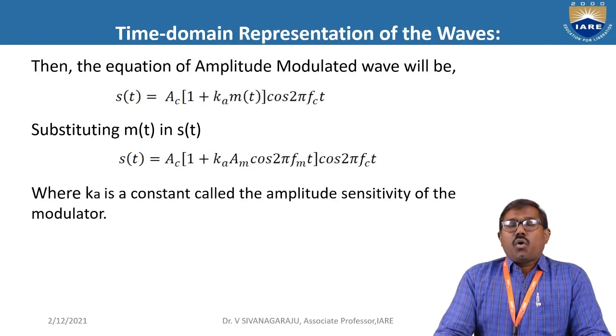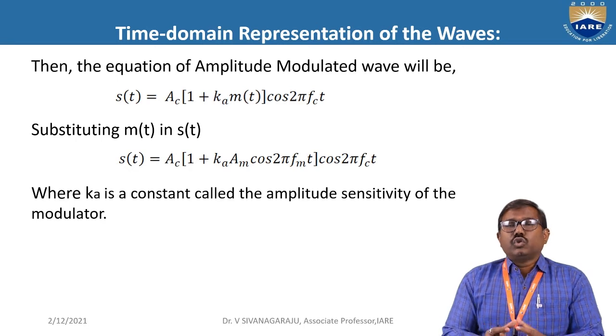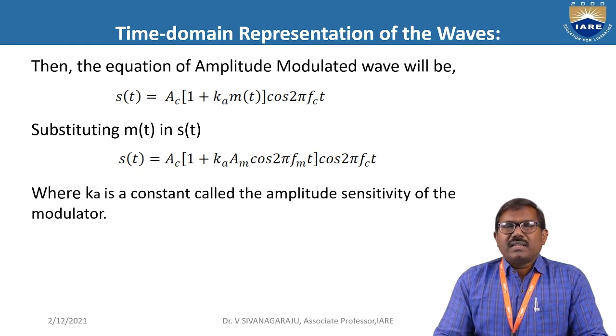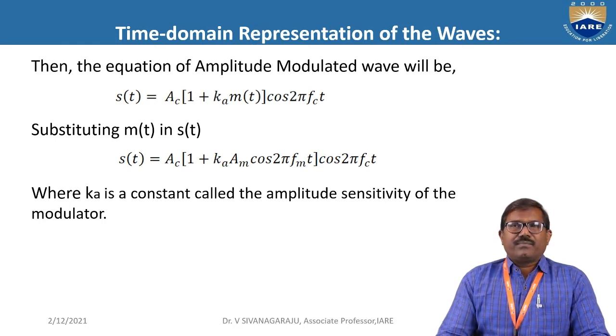So after applying these two, one a modulating signal and another a carrier signal, we get the result, a modulated signal. The modulated signal is represented as s of t. Here, which modulation is done? Amplitude modulation.